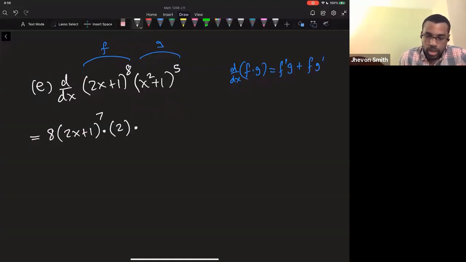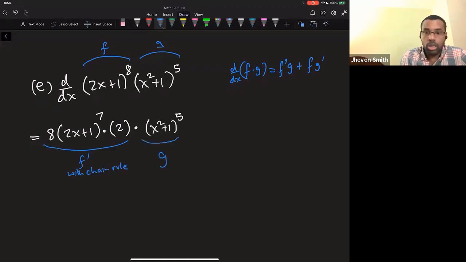Then you leave the other function alone. So this here is f prime with chain rule. And this is your g. Plus, you're going to leave the f. Then you're going to differentiate the g, which again is a chain rule thing.